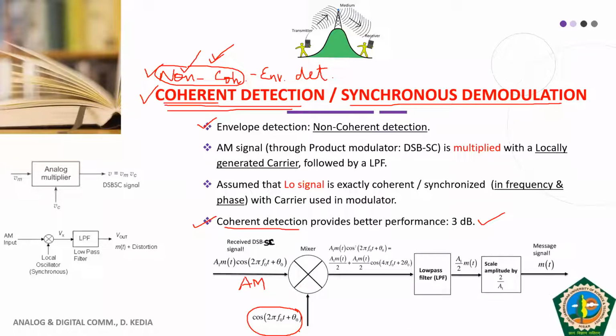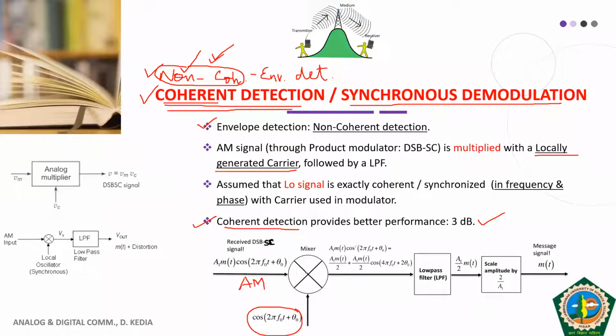And this carrier signal is not the actual carrier which has been transmitted. This carrier has been regenerated at the receiver side, so we call it the locally generated carrier, locally generated at the receiver side.